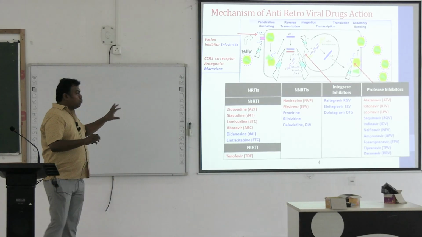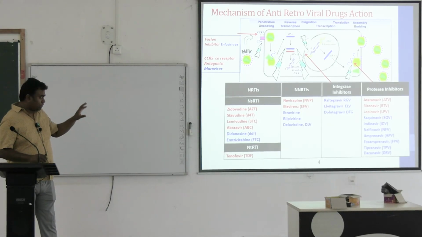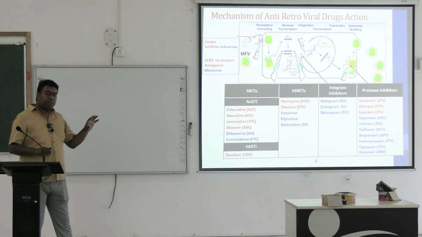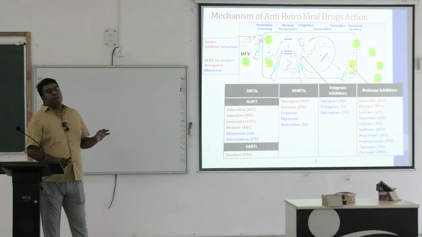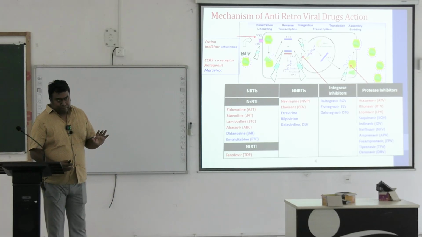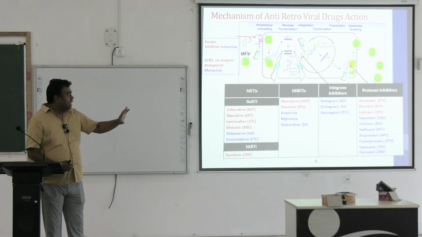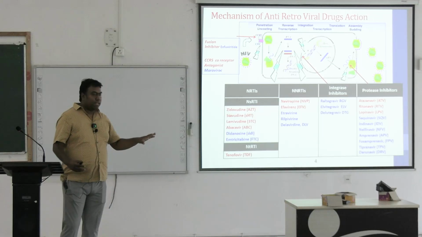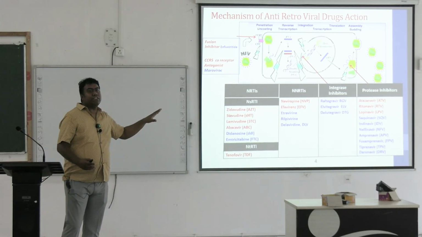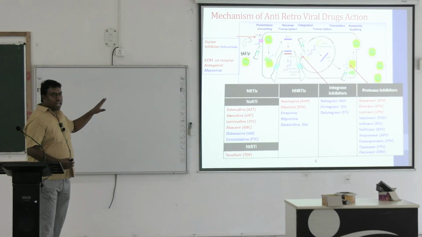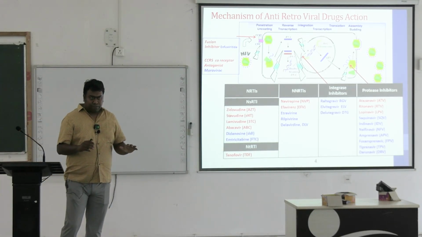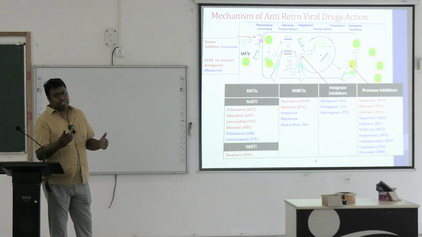Other than that, two more important are the reverse transcriptase inhibitor and the protease inhibitor. Primarily, the reverse transcriptase inhibitor is the first line drug. The second line drug or add-on is the protease inhibitor, and the rest of this, that means integrase or fusion or CCR5 inhibitors, are some of the reserve drugs, very rarely used as a first line drug.